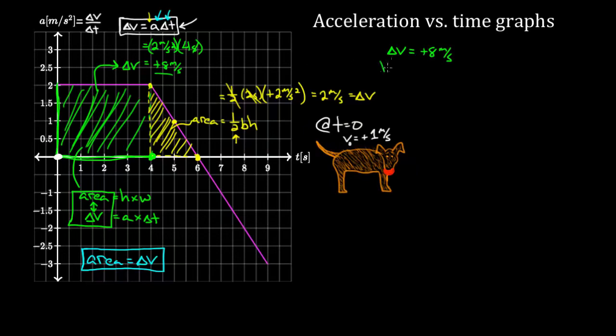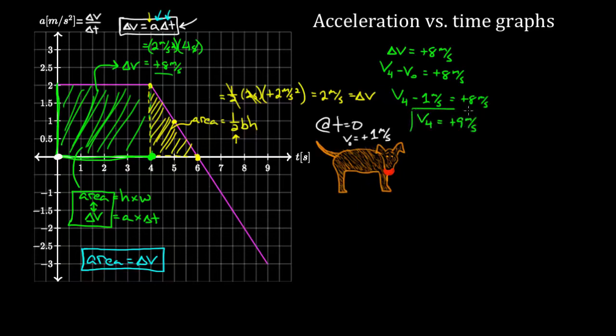And what's delta V? That's V at 4 seconds minus V at 0 seconds. That's got to be positive 8. I know what V at 0 seconds was. That was 1. So V at 4 minus 1 meter per second is equal to positive 8 meters per second. And so the velocity at 4 was positive 9 meters per second.